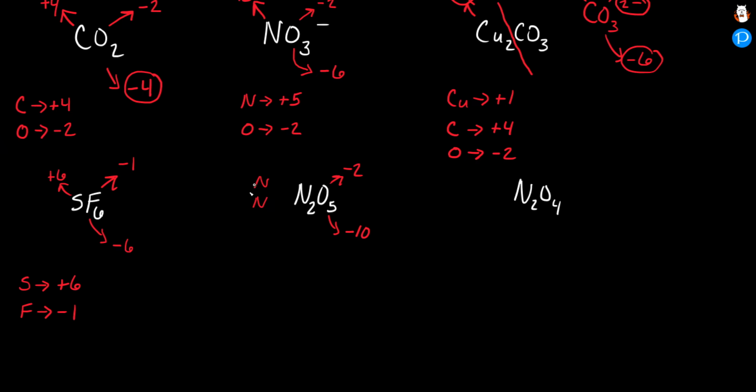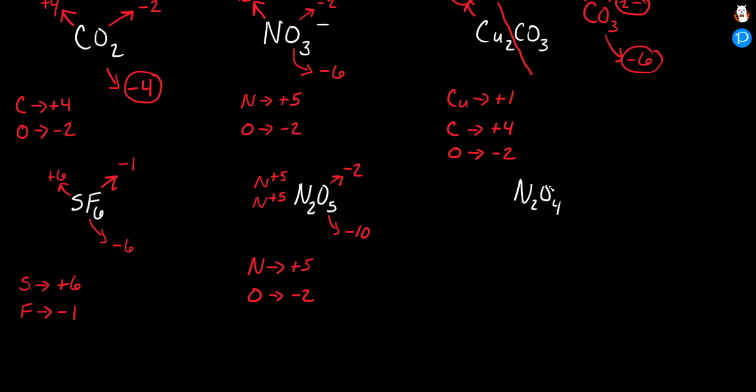Or sorry, it'd have to be positive. So each one is going to end up being +5, right? Because a +5 for each one would give me a total of +10 to cancel out that -10 from the oxygens. So nitrogen has an oxidation state of +5, and oxygen is -2.